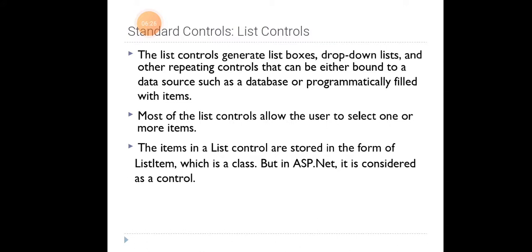For example, the list of courses offered by the college, which are listed as a list box. In the TNPSC website, while registering for a position, they specify the list of states, the list of districts, and the list of taluks. These come under the list controls.